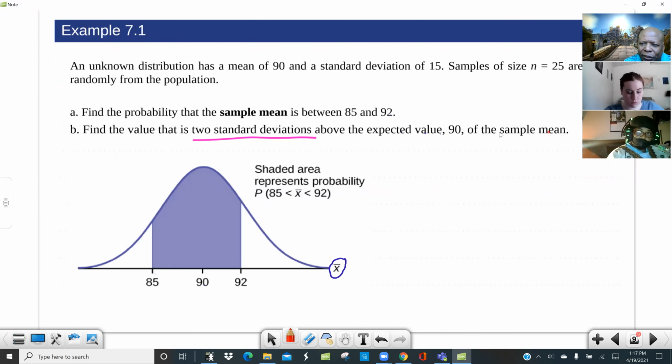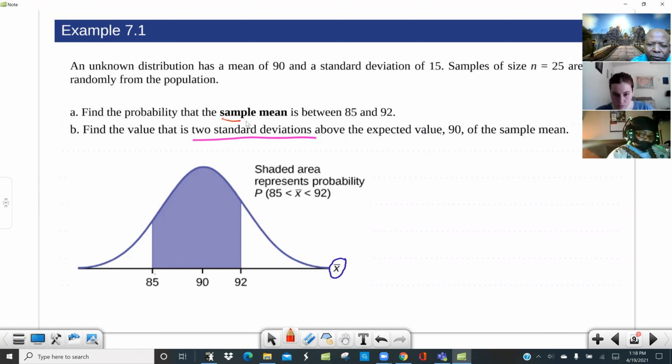Check this example out. An unknown distribution has a mean of 90 and a standard deviation of 15. Samples of size 25 are drawn randomly from the population. Find the probability that the sample mean is between 85 and 92.